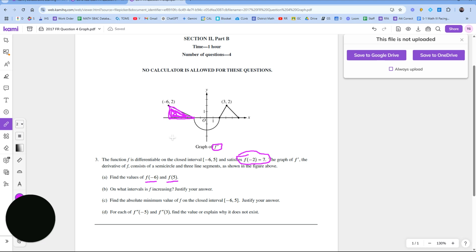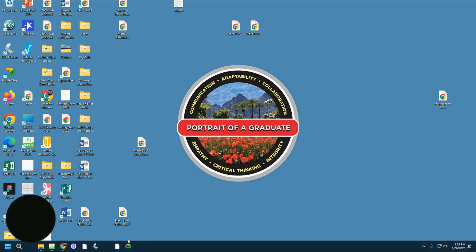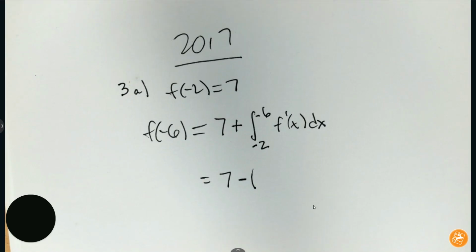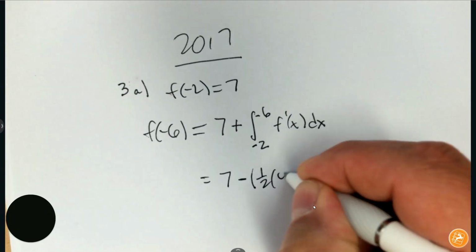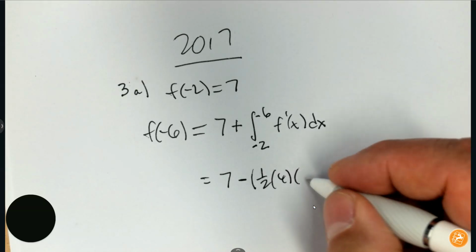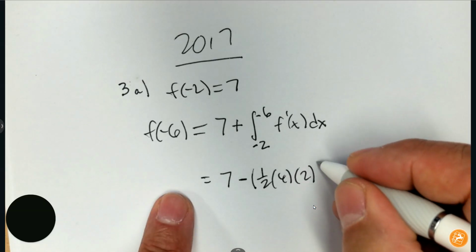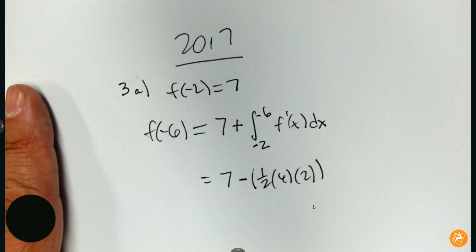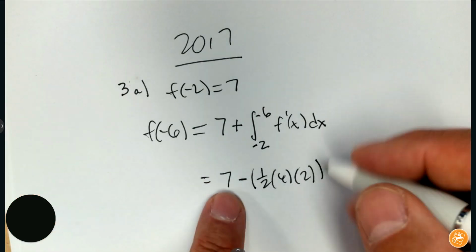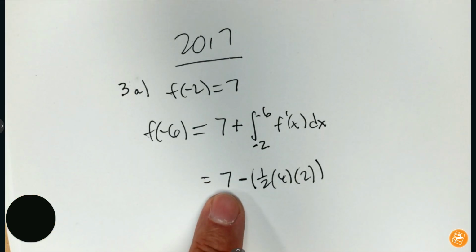So the base here is 4 and the height is 2. So the triangle is half the base times the height, and that's it.